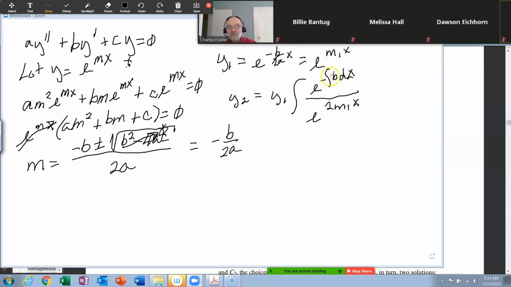Well, what is the integral of b? Okay, this will be y2 is equal to, I'll put it in now, e to the m1x, that was your y1, times the integral of e to the, and what's the integral of bx? That's minus bx. We don't do any plus c's with that. And divide that by e.